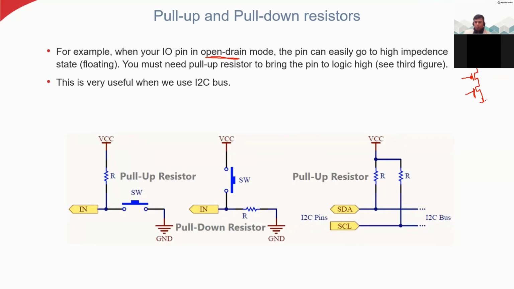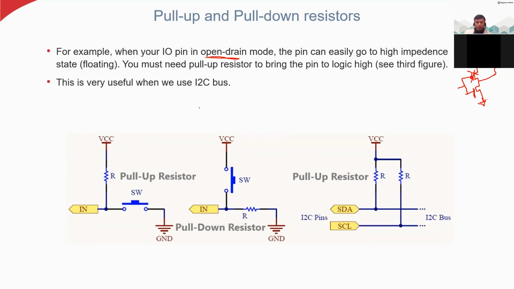This is the ground. You are getting the output here, and of course, you are applying the input here. So when you have this PMOS in the open mode, that is open drain mode, then this output is connected to some input output pin, right? This is the IO pin, GPIO pin, general purpose input output pin. So this pin can easily get into the high impedance state problem.